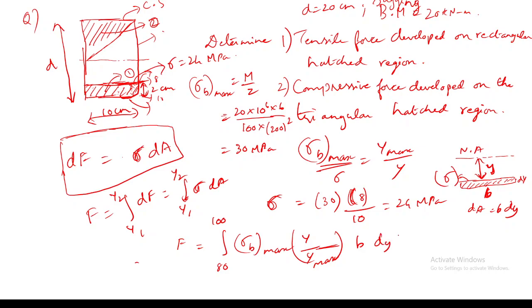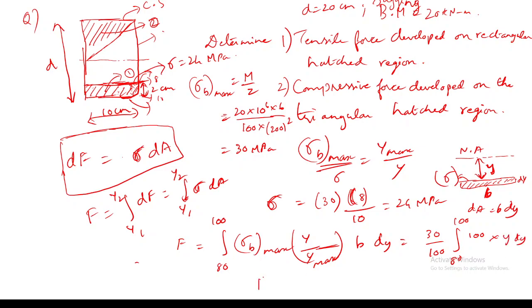So sigma b max is constant, which is equal to 30, and y max is 100, so I am taking these two outside. B is also constant here, the width of this strip is constant, which is equal to 100. So it is the integration from 80 to 100 of 100 into y into dy.